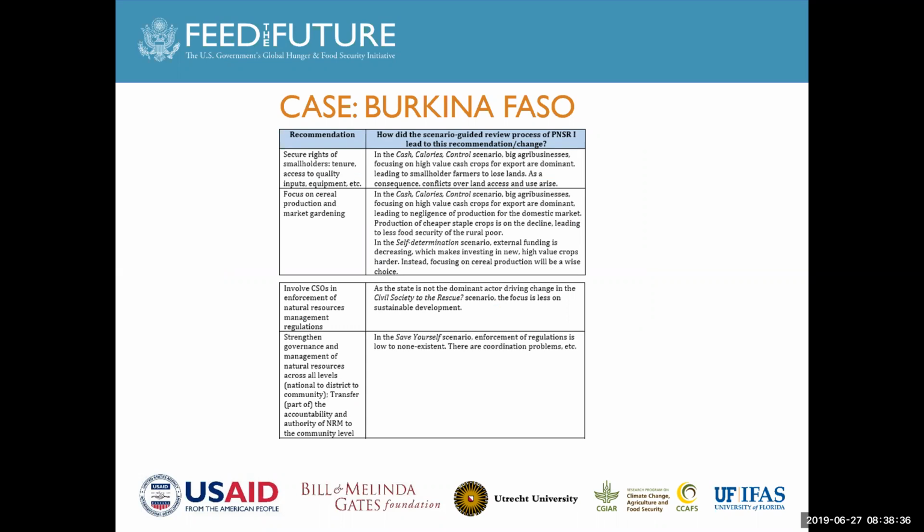Well, in the cash, calories, and control scenario, one of the 4 scenarios that you can read in the scenarios working paper, big agribusinesses focusing on high-value cash crops for export are dominant, leading smallholder farmers to lose land. As a consequence, conflict over land access and use arise.